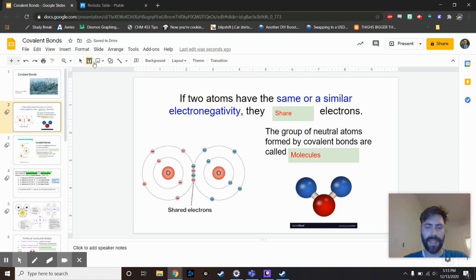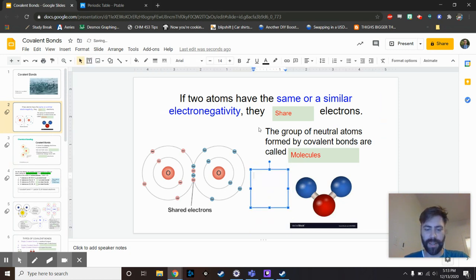Let me put a little text box in here and put some text. Covalent bonds do not form ions. And remember, an ion is a charged particle.